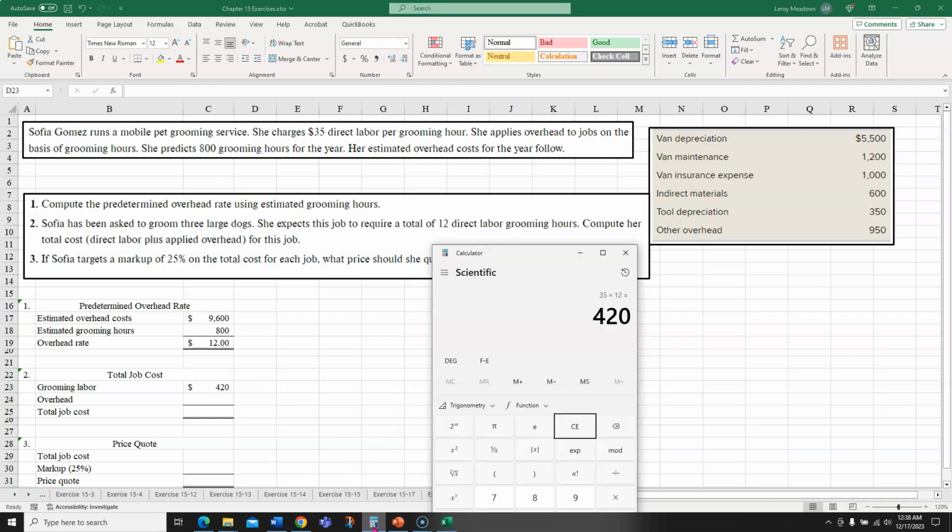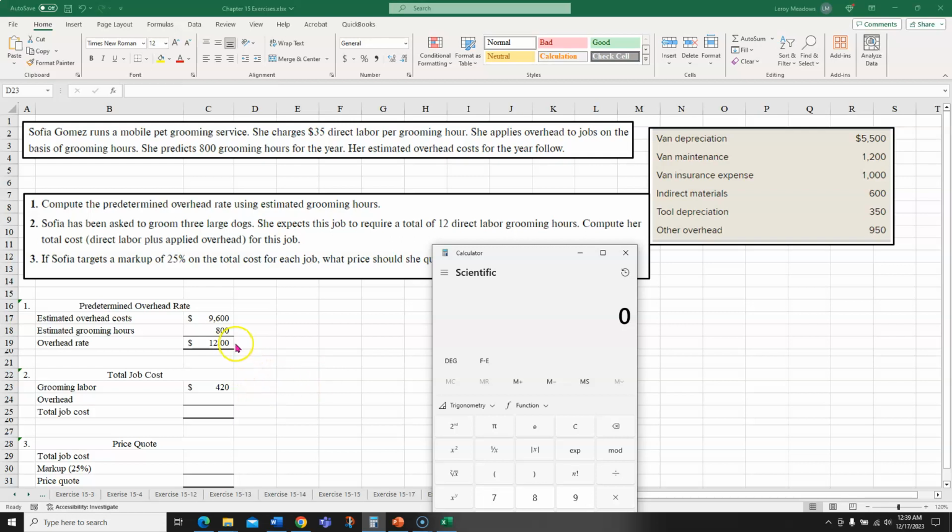Now for overhead, remember that for every hour of overhead, we're going to apply $12. So as in a previous example, we did based on direct labor costs. This one is going to be based on direct labor hours. So you always want to pay attention for that.